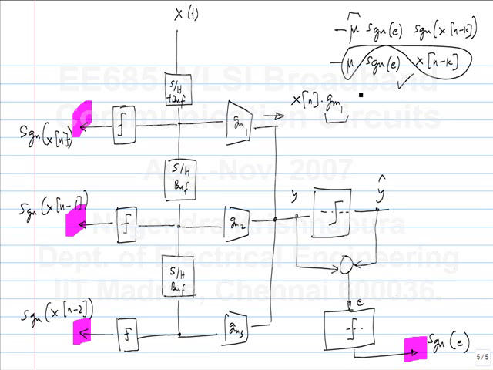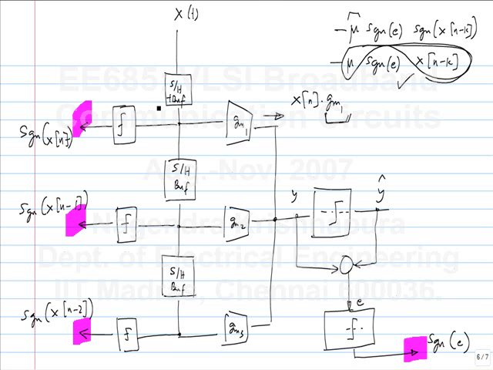Some cells are turned off if you want to reduce the value of GM. In this particular case, this represents a continuous variation of GM, right? This mu times x of n minus k. So you have to have a way of varying GM continuously, in some predetermined way. That is more difficult. Essentially, if you want to do that, you need an analog multiplier. You can't have the switched stuff. Is that clear?